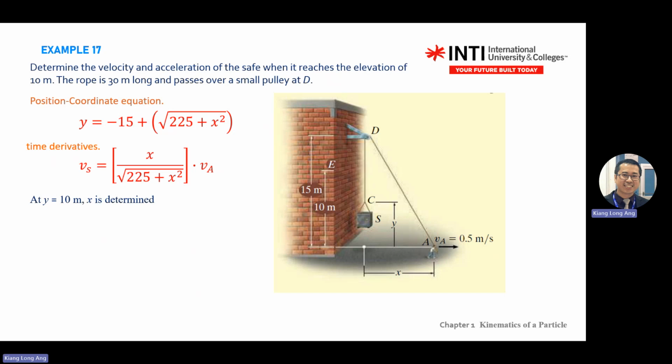This one, x is to the right, so you pick the positive value from the calculator. So x is 20 meter. Now that you know x is 20 meter, substitute here. You know VA, right? 0.5. Substitute here, you know your Vs.